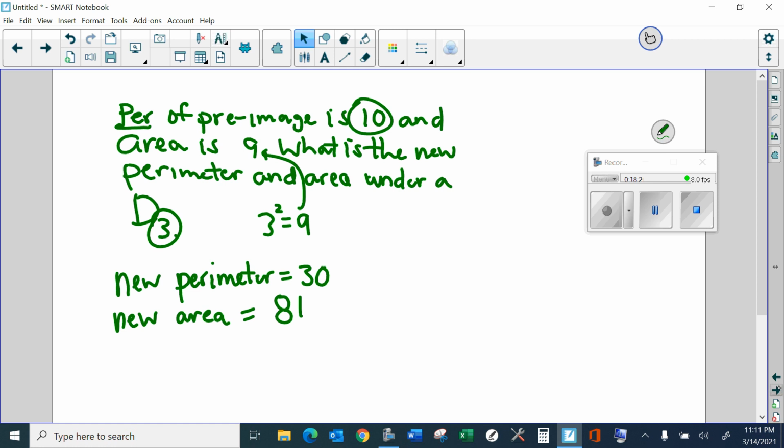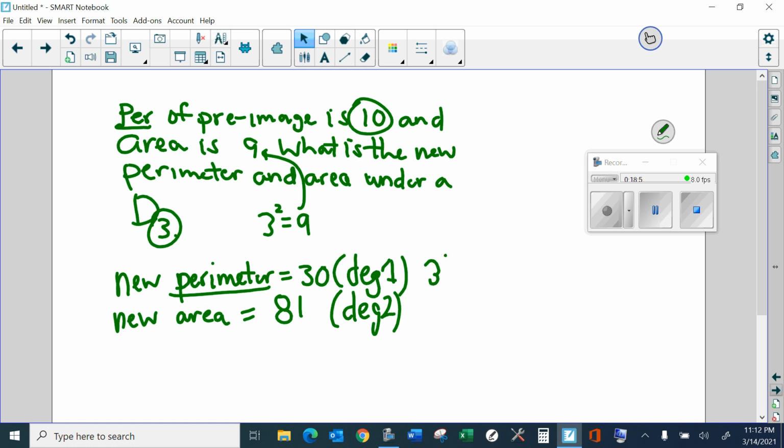If it asked about the new volume, volume would be cubed. It would be 3 cubed, which is 27, times 9. So just know that. Remember, perimeter is degree 1. That's why I wrote it down before. Area is degree 2. So I take that scale factor and raise it to that power.